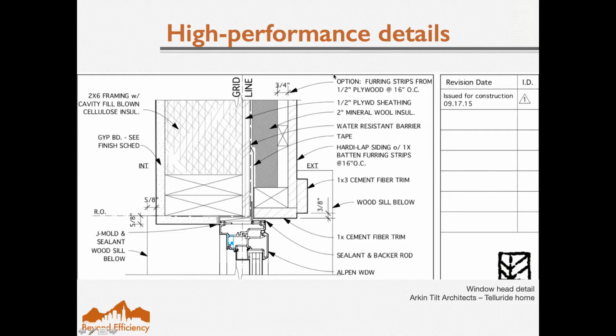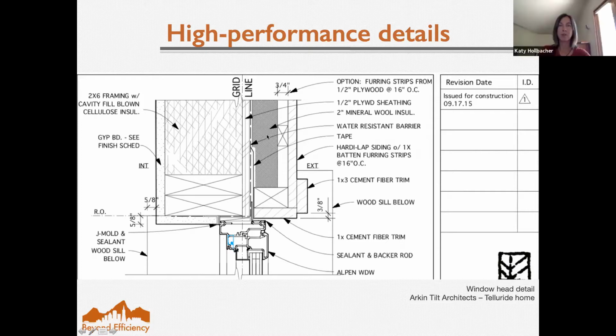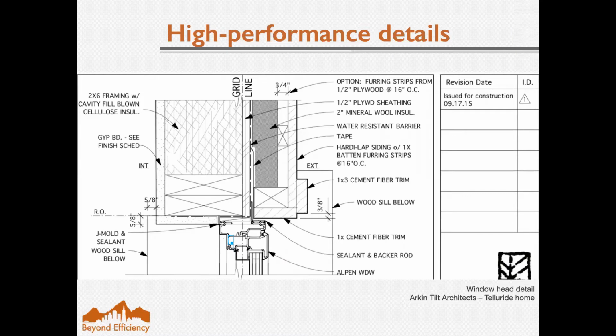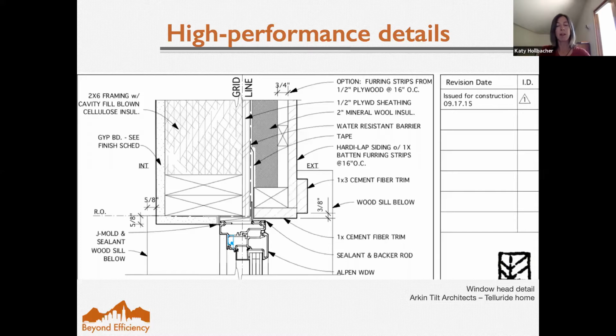And this continuous layer is very important to add R value to the wall without going to 2x8 or 2x10 framing, and also to cover all of that framing in the wall, which on average nationwide is about 25% of the wall.